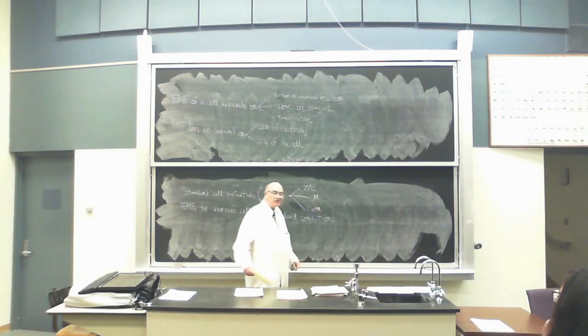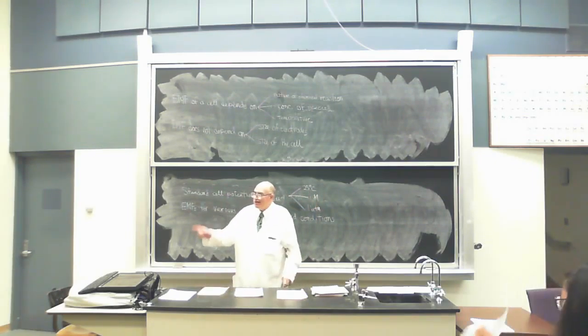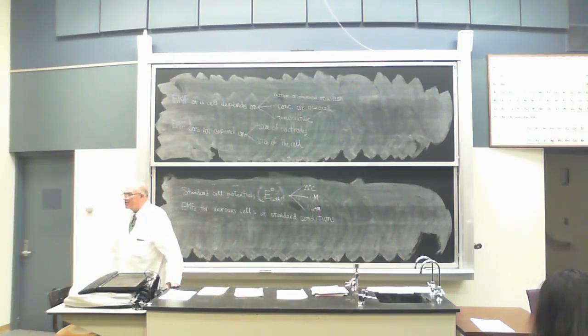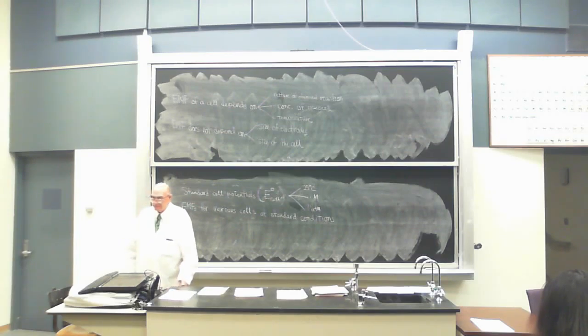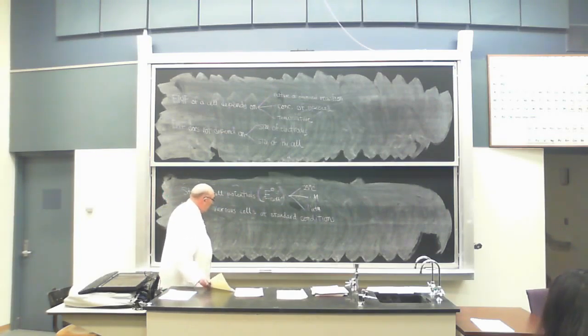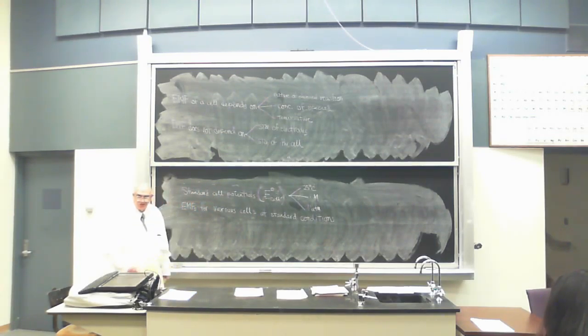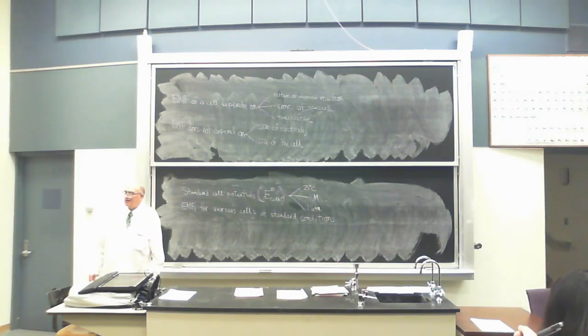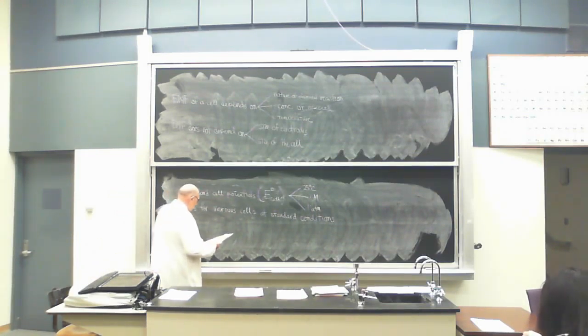The EMF is going to be the reading on the voltmeter that we get in the external wire. Every operating cell is going to have a different EMF value. I'll just list 3 of them.